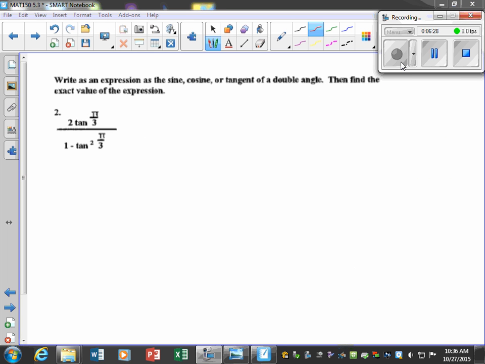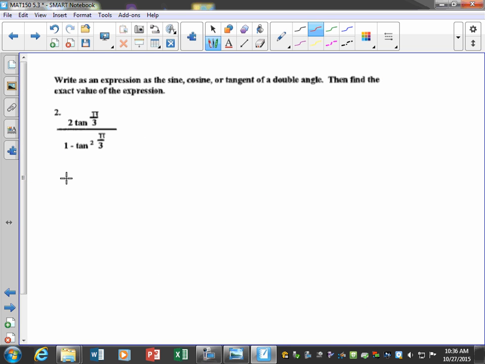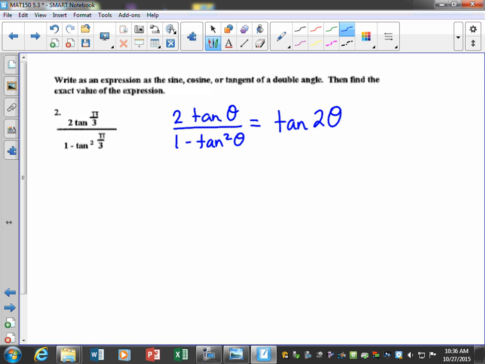Okay, the next type of problem says write an expression as the sine, cosine, or tangent of a double angle, then find the exact value. First of all, we look at this expression and we identify which of our formulas it matches. Clearly 2 tan theta over 1 minus tangent squared theta is our formula, and it is equal to tangent of 2 theta.